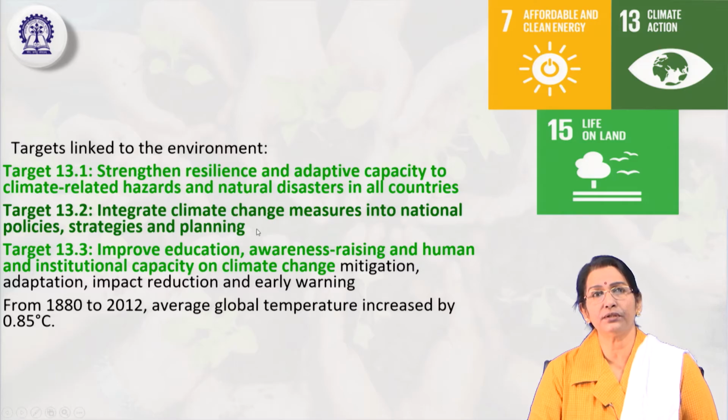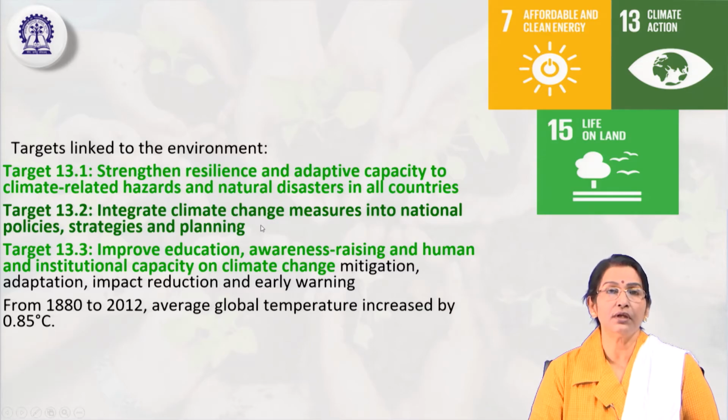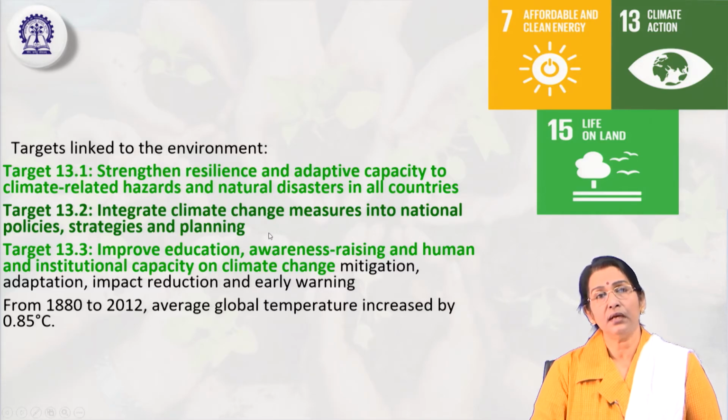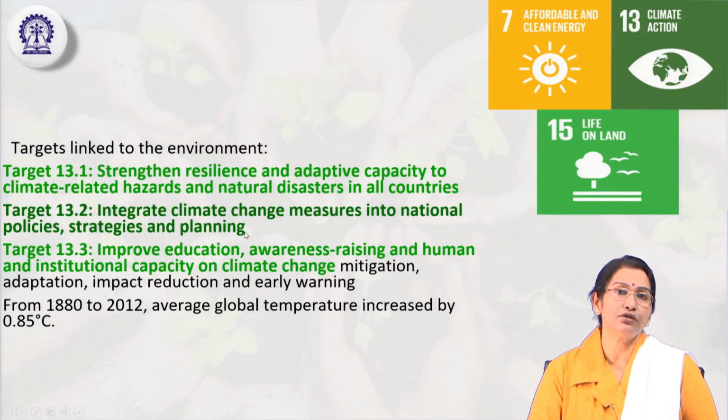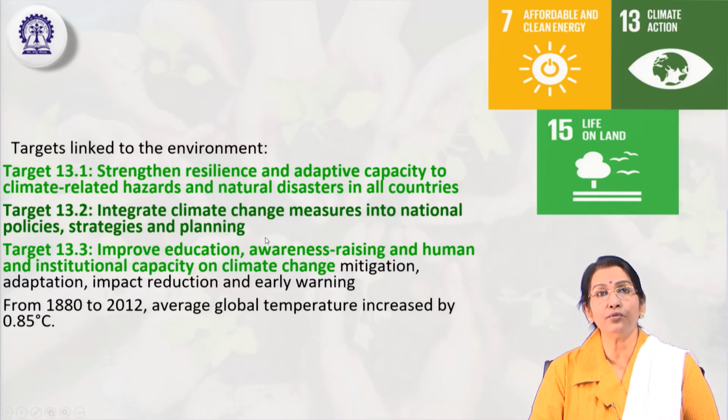The temperature in the countries and in different states is gradually increasing, especially in the coastal areas. This is the result of climate change, of disasters happening because of climatic change, pollution and global warming. So how to mitigate it?